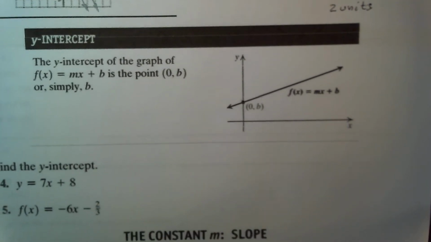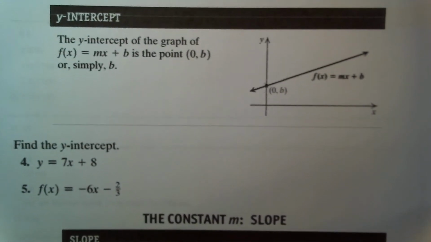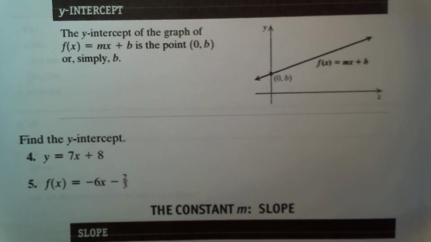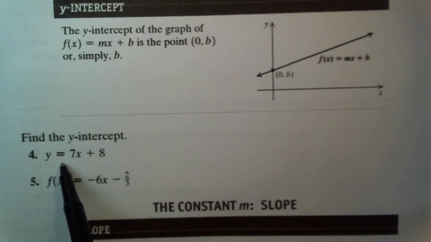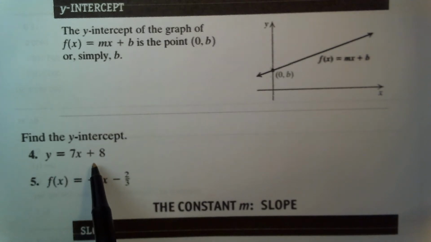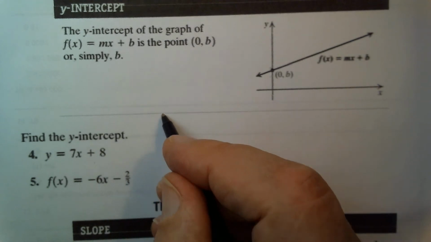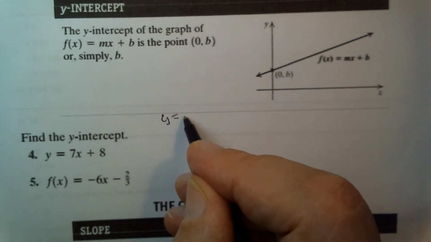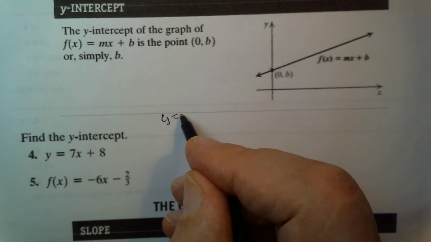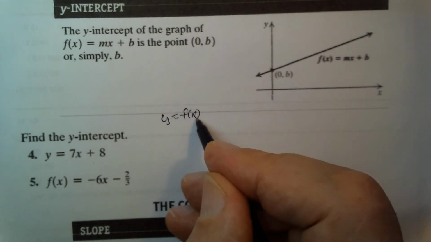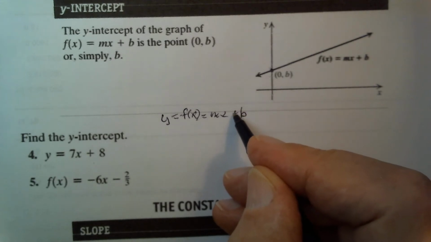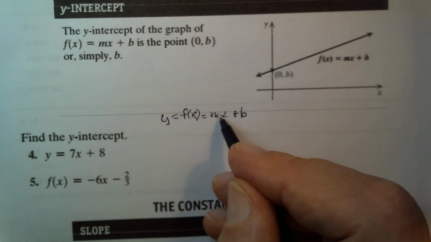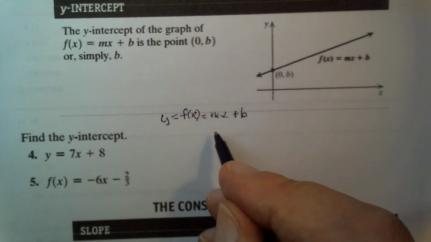So let's apply that to exercises 4 and 5. Find the y-intercept. When we compare y equals 7x plus 8 with the equation y equals mx plus b, or f of x equals mx plus b, we notice that the number without a variable is the y-intercept.